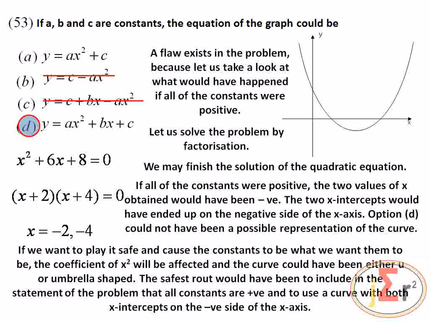However, if all constants are positive, the curve that we have here should have been placed on the other side of the x-axis, and that would have caused the problem to be, well, if it is not going to be perfect, then it is going to be correct to principle.